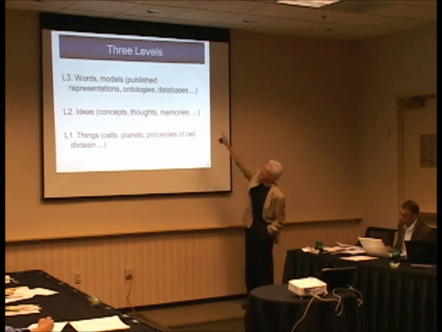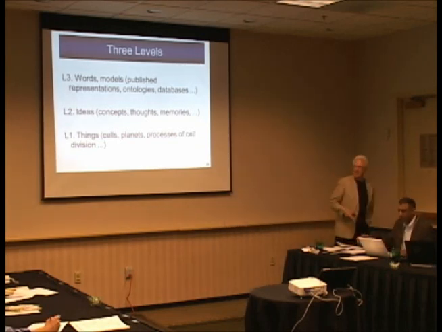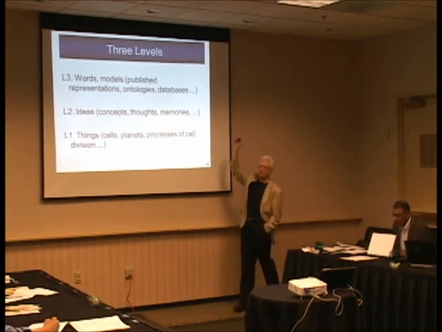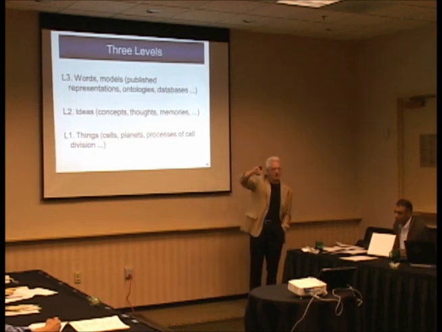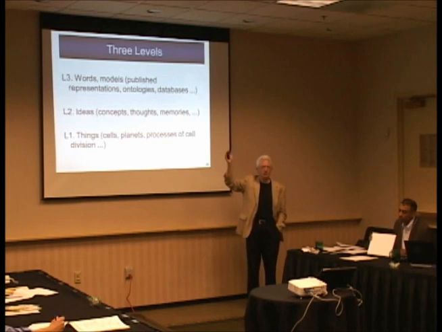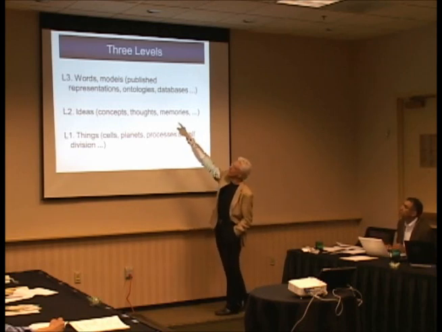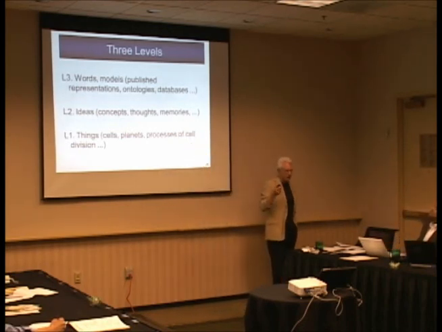And then, at the top, we have what we can think of as published representation. The ideas on level 2 have become public. And databases, published literature, patient records are all examples of public representations. And the ones that we're interested in today are ontologies.